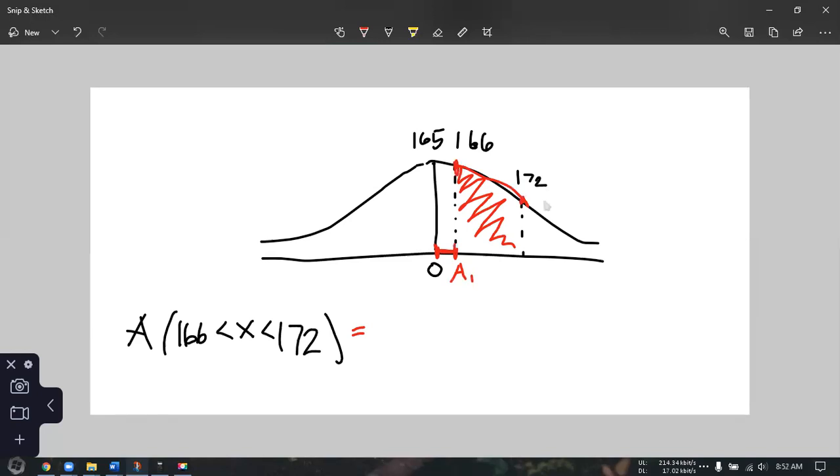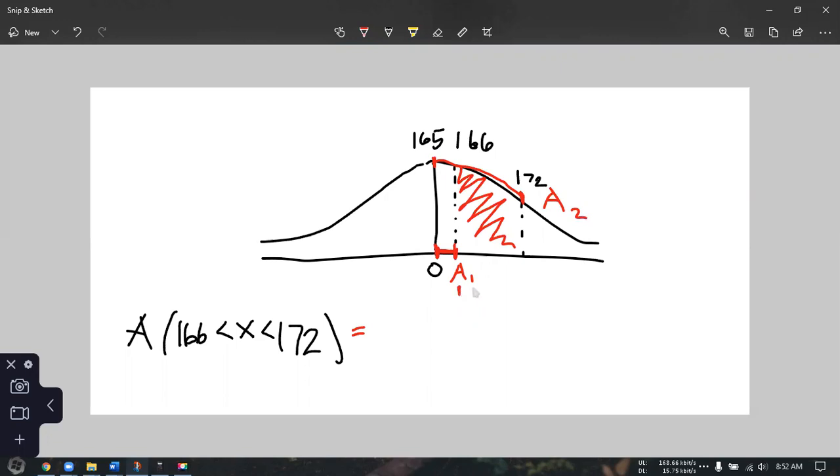Wait, wrong shading. Let me repeat. If this is a sub 1, from 165 to 166, and from 165 to 172 is a sub 2, always from the mean.